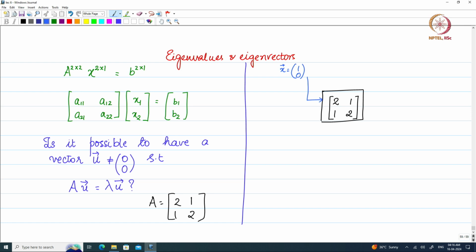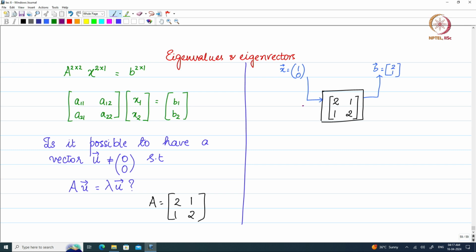Any vector along the x1 direction can be written as scalar x1 times the vector 1 0, and any vector along the E2 axis can be written as x2 into 0 1. What does this transformation do to 1 0? We see that the resultant is the B vector given by 2 1.